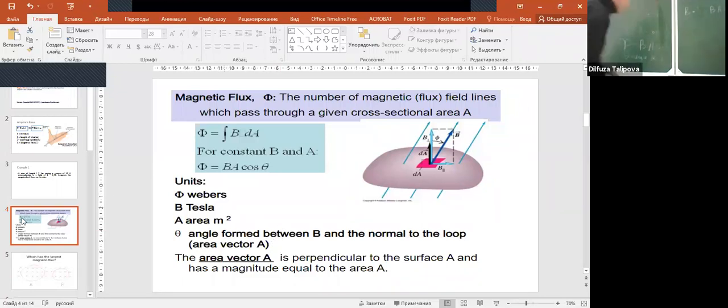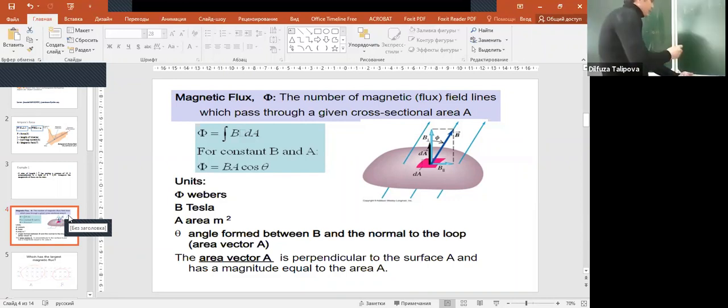If here the angle, I'm sorry. So if here the area, let's say this is the small piece of area of the surface, called dA, and the magnetic field is going to move in this direction, and the angle between the area and magnetic field is, let's say, 90 degrees.